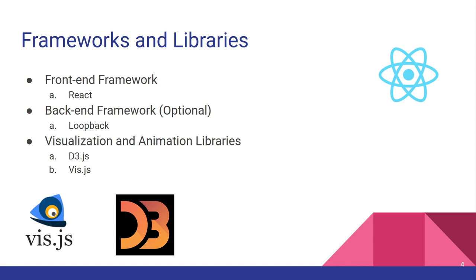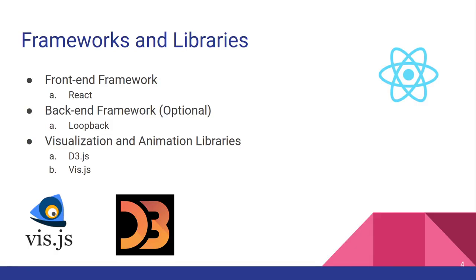For the backend side, our initial idea is to not store any data on our backend server, because the graph structure will be completely composed by the user's input. That also simplifies our project a little bit. And lastly, we are also planning to use some popular visualization and animation JavaScript libraries. We don't want to reinvent the wheel.